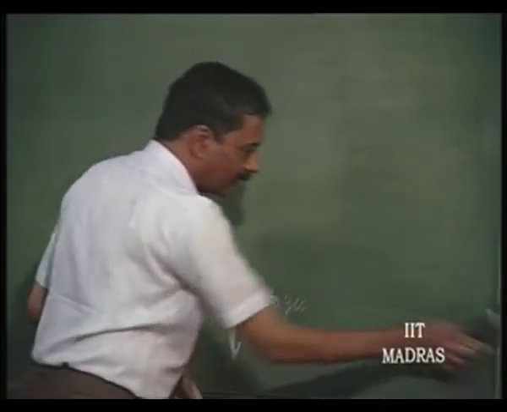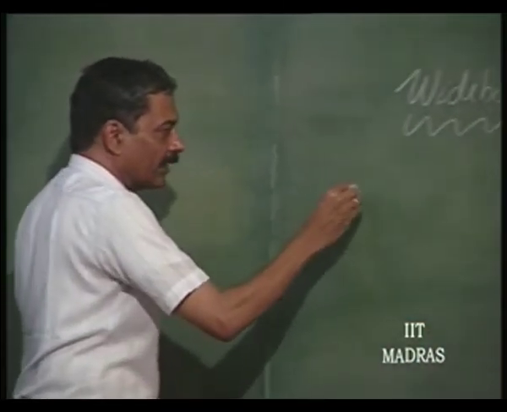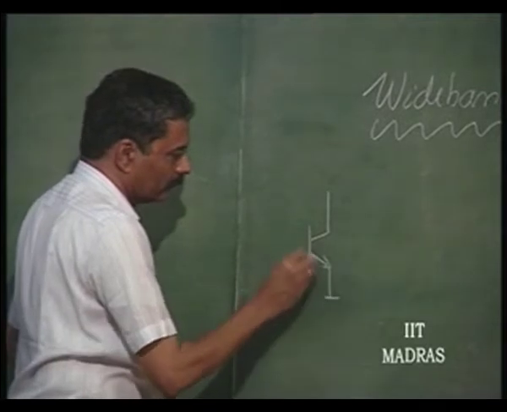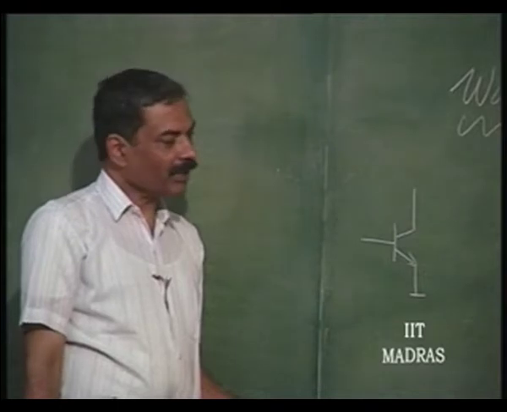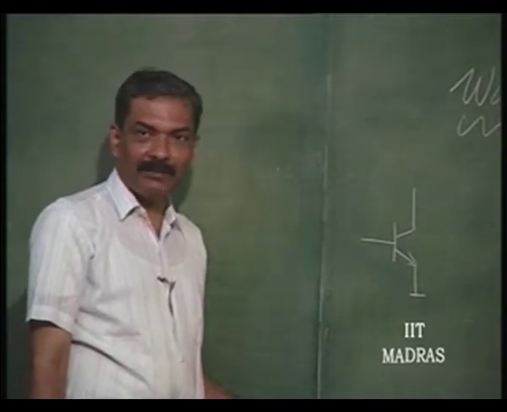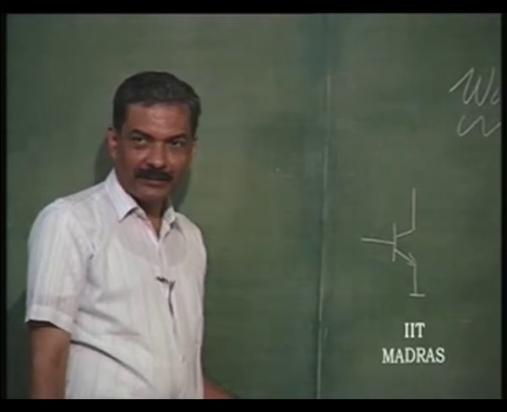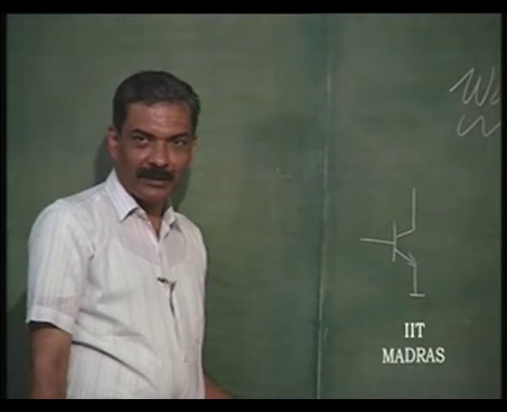So, consider for example the common emitter amplifier. When I discuss the common emitter amplifier, that discussion is equally applicable to the differential amplifier, because a differential amplifier for differential signal can be converted into 2 common emitter amplifiers.